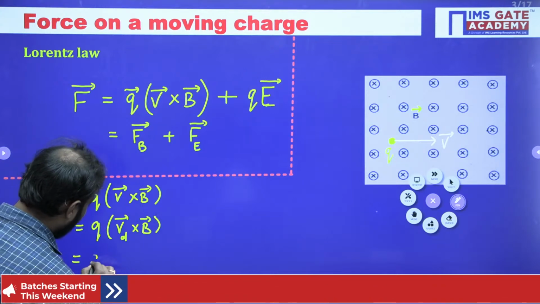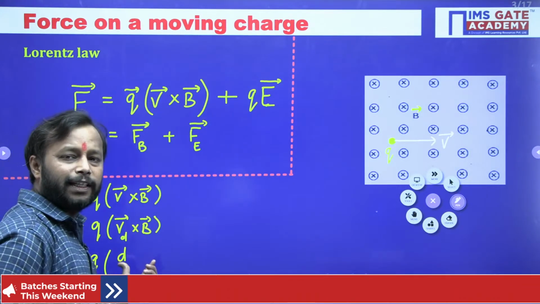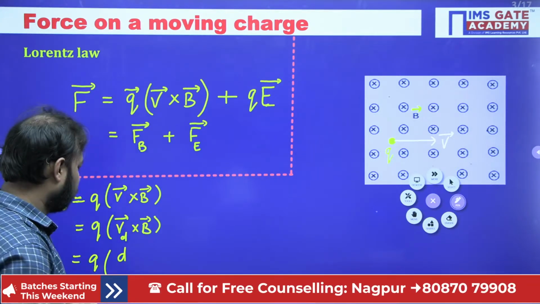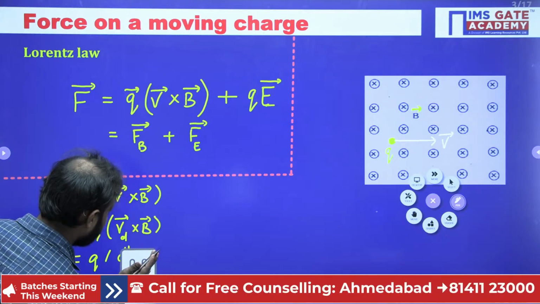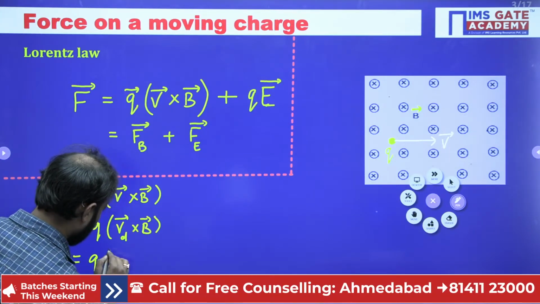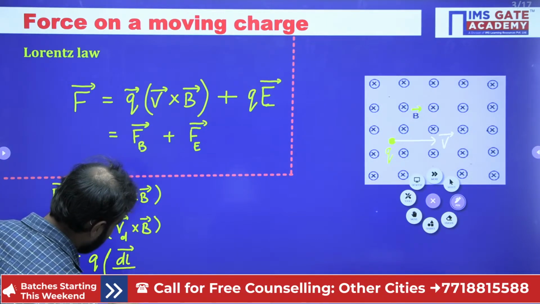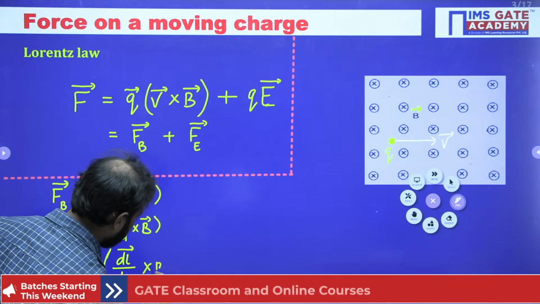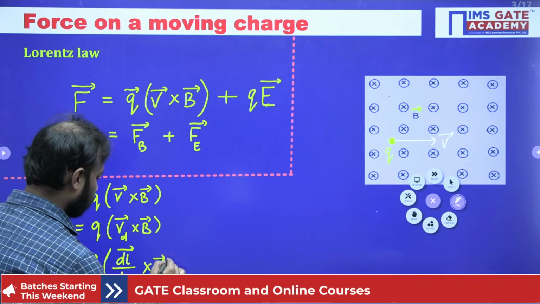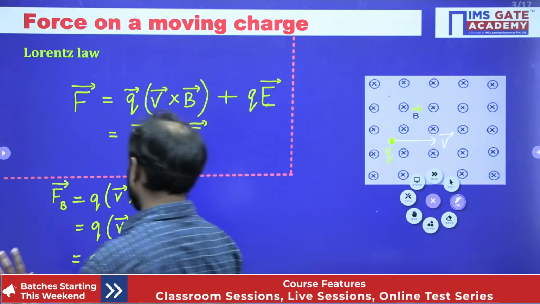Okay. Now I can replace this Vd with change in displacement by time. So this is the displacement dl vector divided by dt into B vector. Now let me take this dt to the Q. Okay, one more thing.